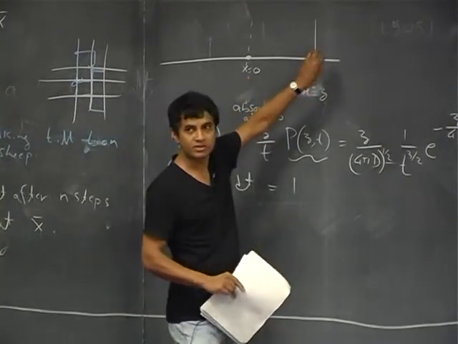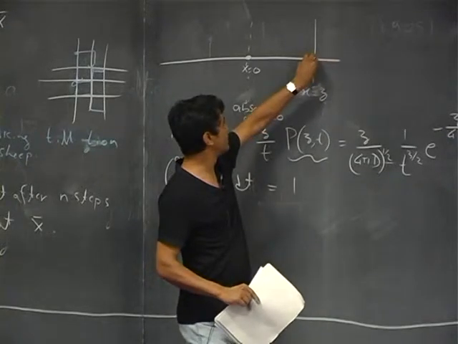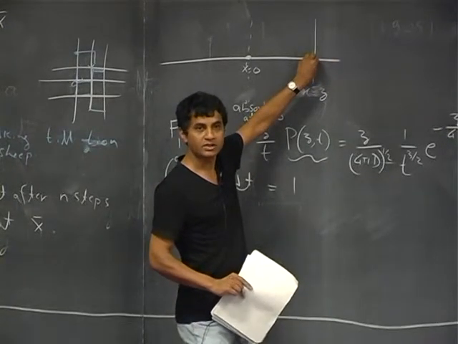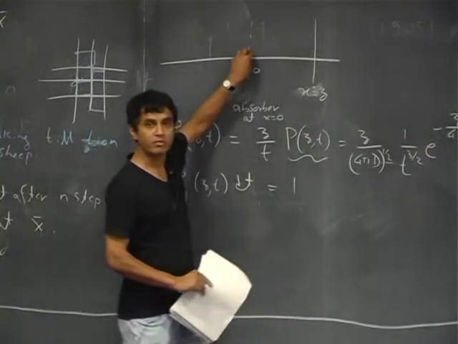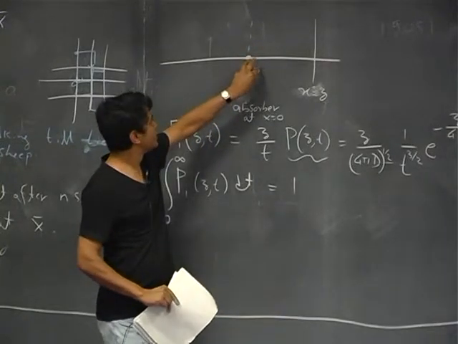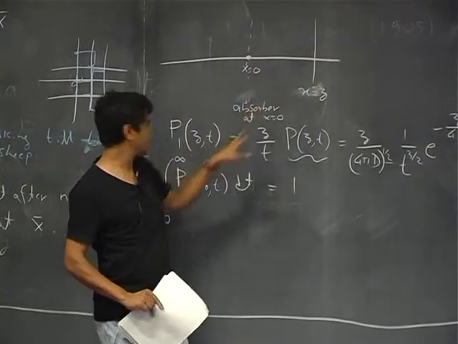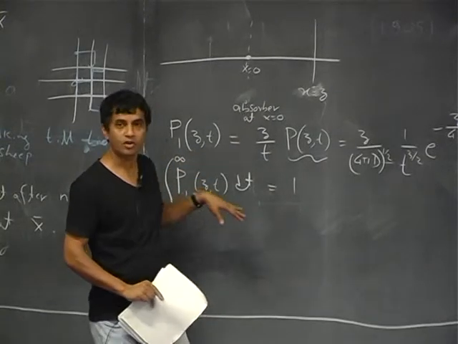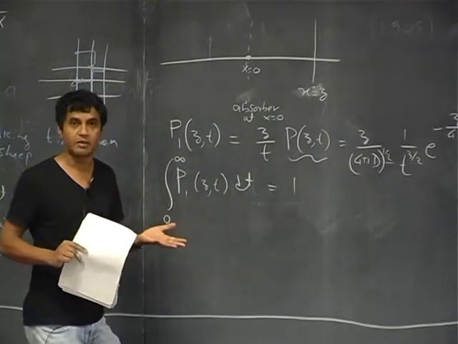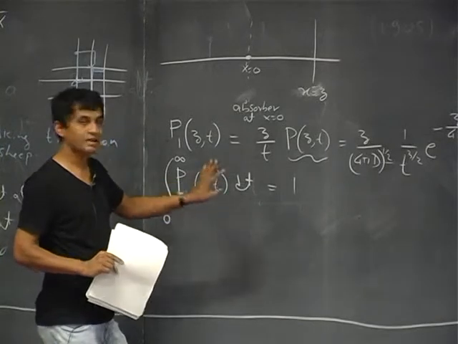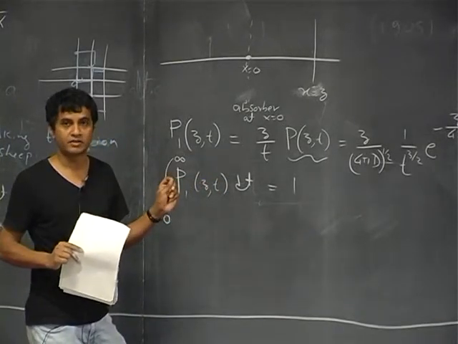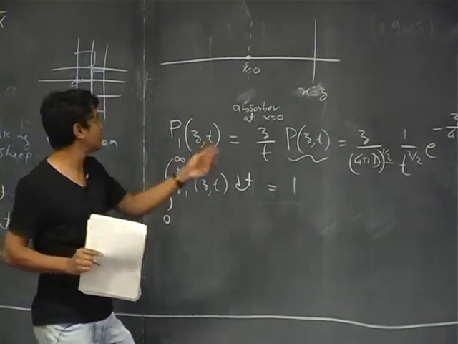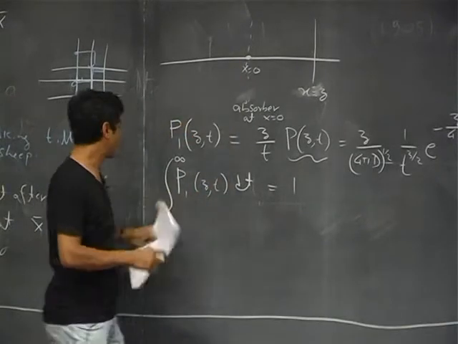Here the problem is you start your diffusion from here, and you ask what's the probability it will get absorbed between times t and t plus dt. If you integrate over all times, what's the probability it will ever get absorbed, at any time? It gets absorbed with probability 1.